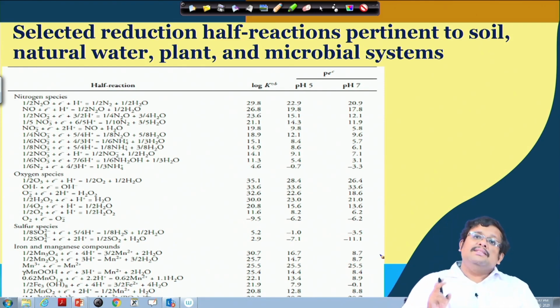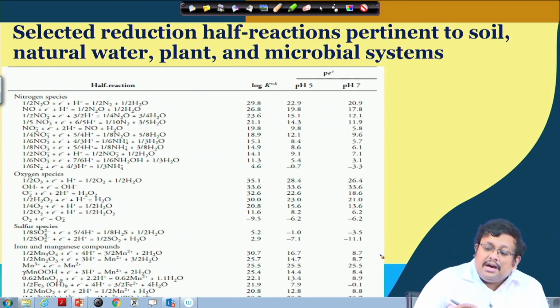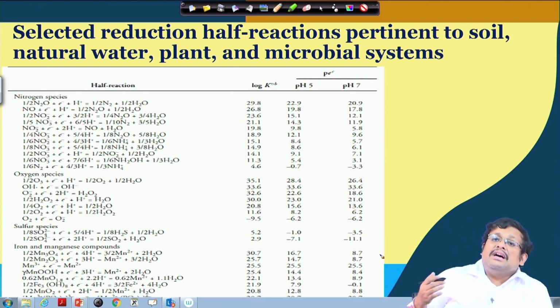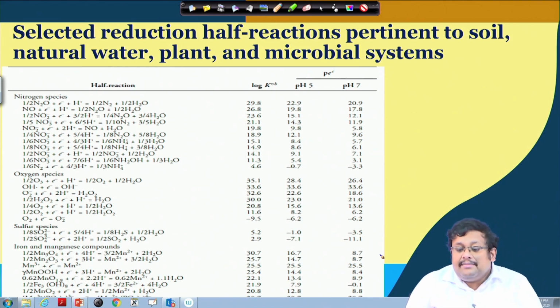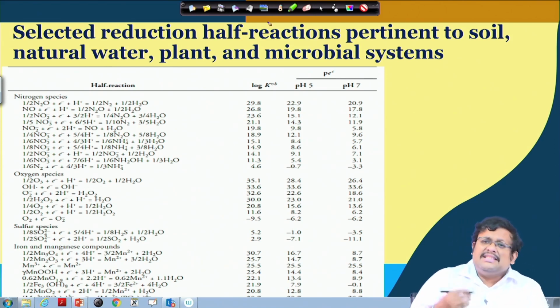Any one of these reactions is denoted by the term half reaction. Here we are using the reduction half reactions, the major ones pertinent to soil, natural water, plant and microbial systems. We will be discussing some of them in detail when we discuss submerged soil.